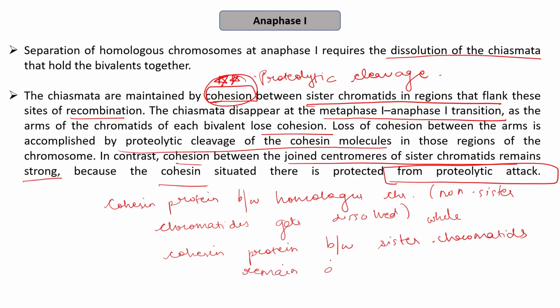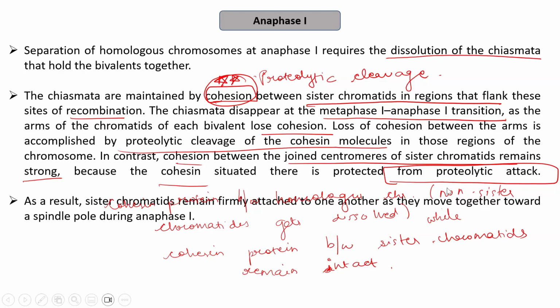Right? So this is very important, that the cohesin protein between the sister chromatids remains intact, while the cohesin protein between the non-sister chromatids gets dissolved. As a result, sister chromatids will remain attached to each other, while the homologous chromosomes will get separated.